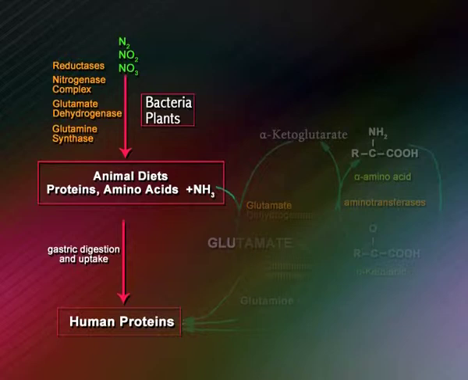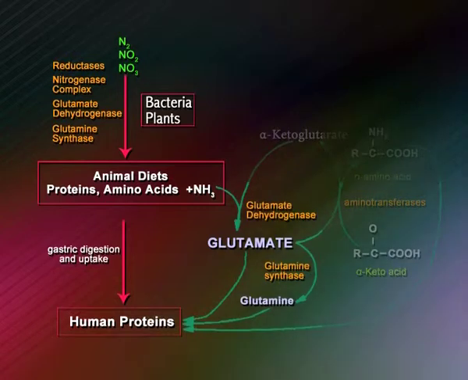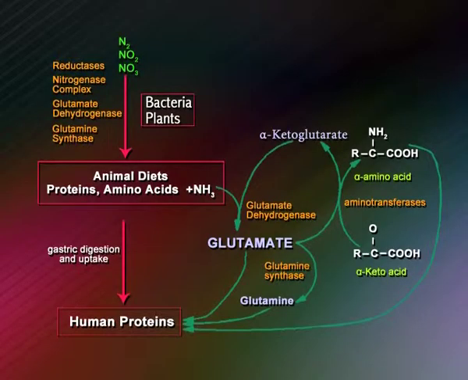And there is a cycle in which the liberated ammonia, which is the reduced form of nitrogen, nitrate and nitrite, is incorporated into glutamate, which is again converted into glutamine. And these amino acids, as well as other amino acids which are generated within the body, are incorporated into human proteins for serving the purpose of human nutrition.